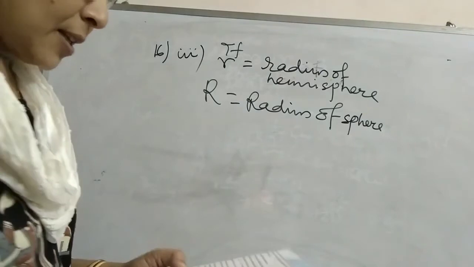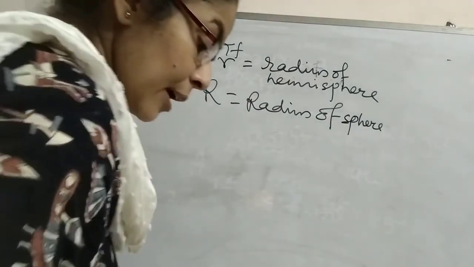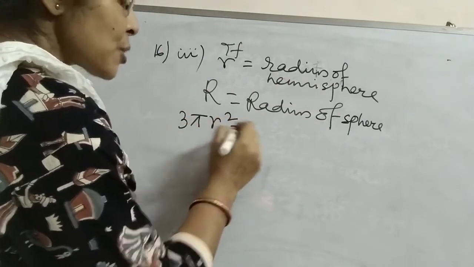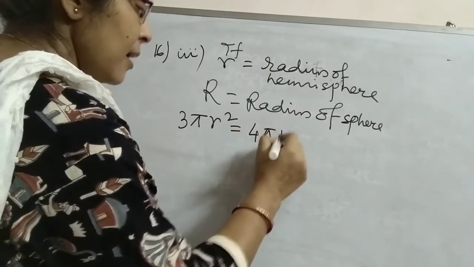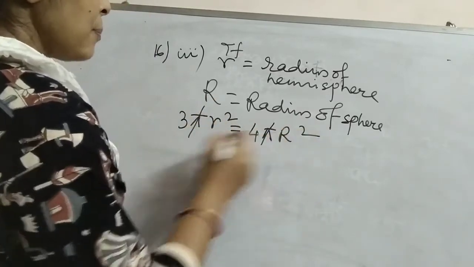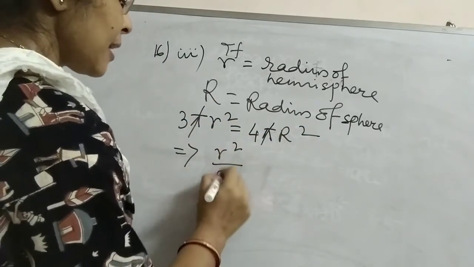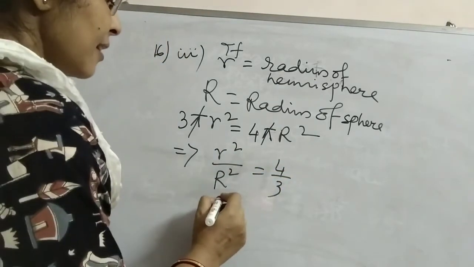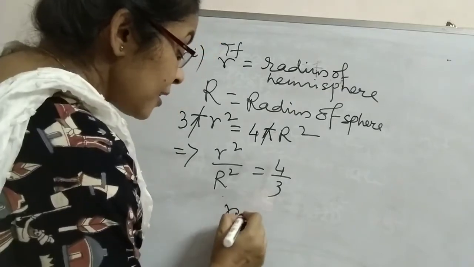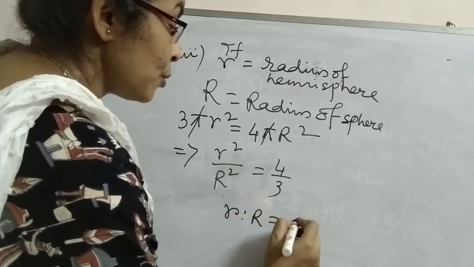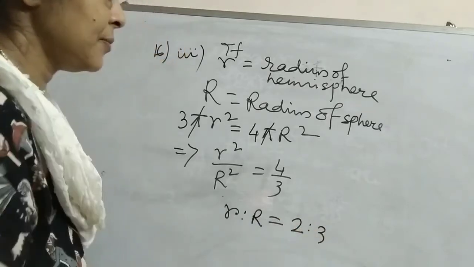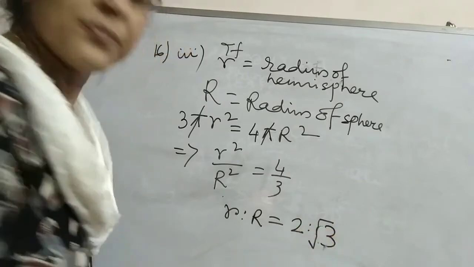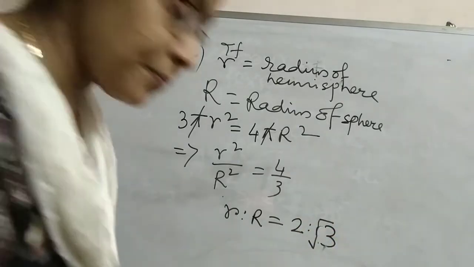Okay, that is, area of the solid hemisphere 3 pi r square equal to 4 pi R square. Pi cancels out, r square by capital R square equal to 4 by 3. That is small r is to capital R equal to 2 is to root 3.